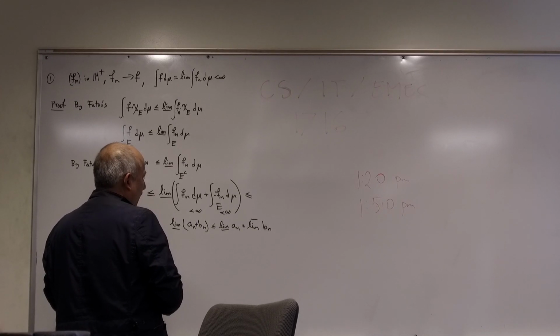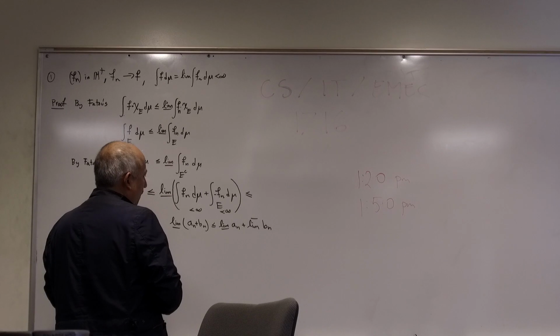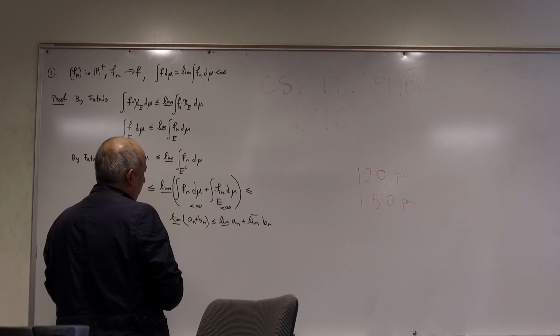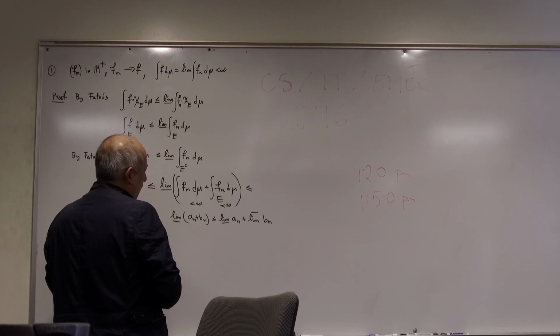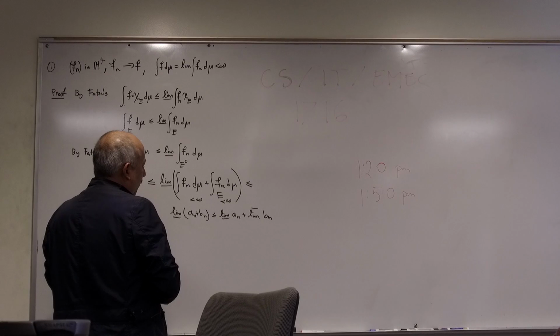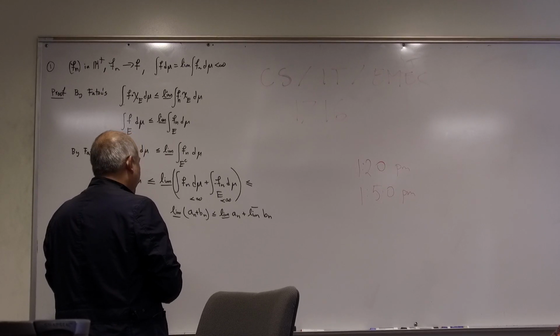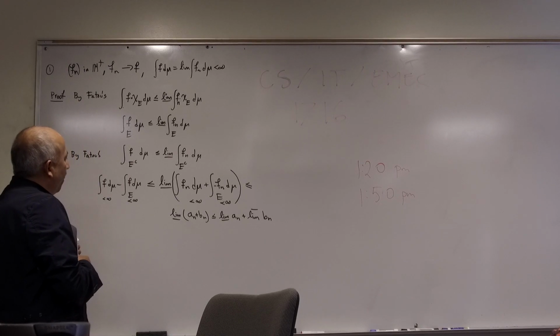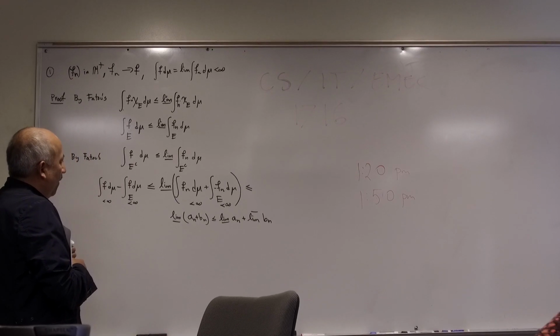Isn't it when they have a negative though, Professor? An minus bn? Then you take out the negative, it turns the lim inf into lim sup. Oh yeah, that'll be another one. Hold on, maybe I'm wrong.